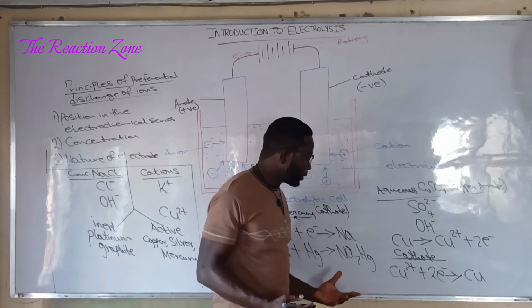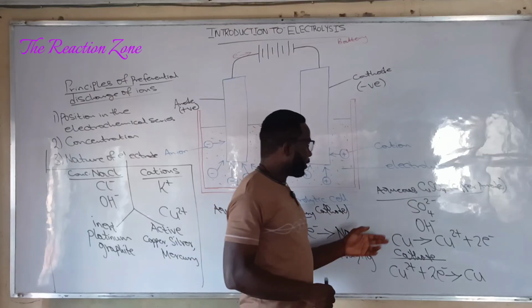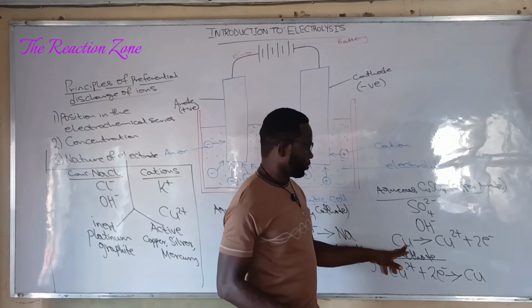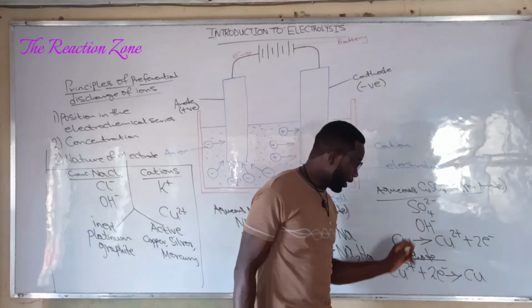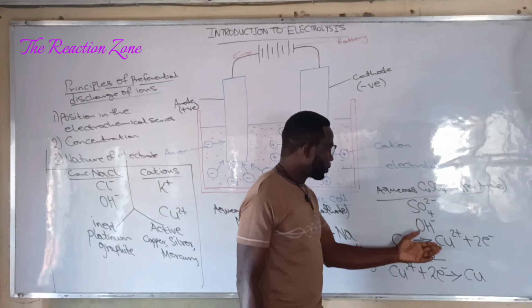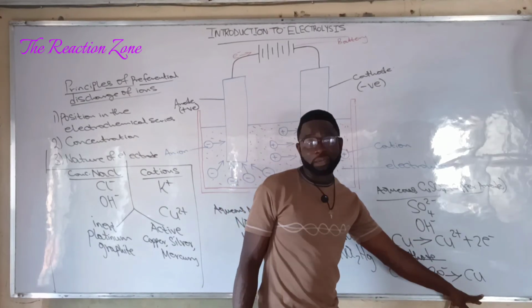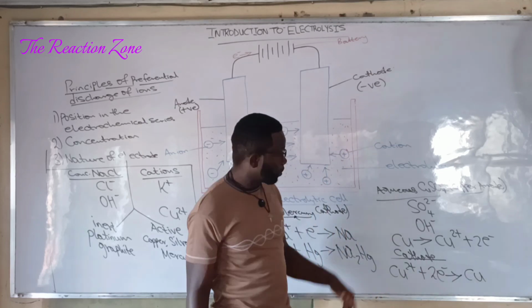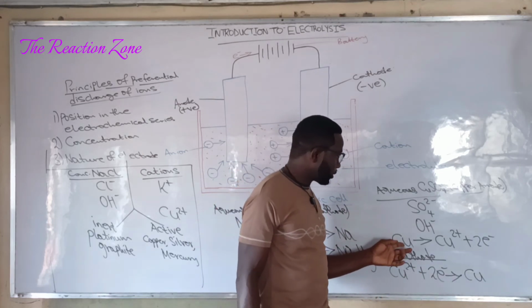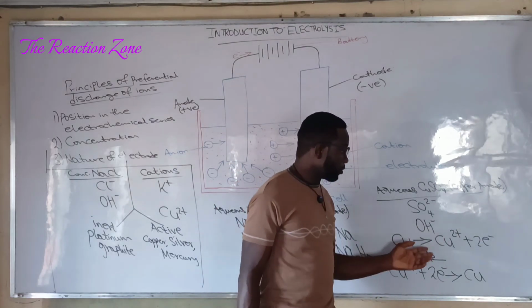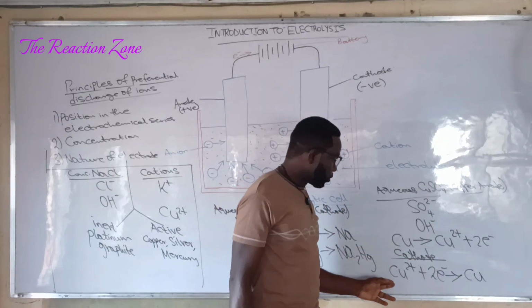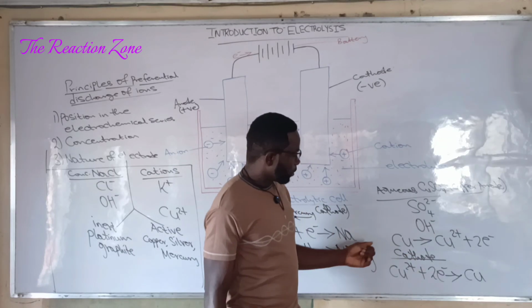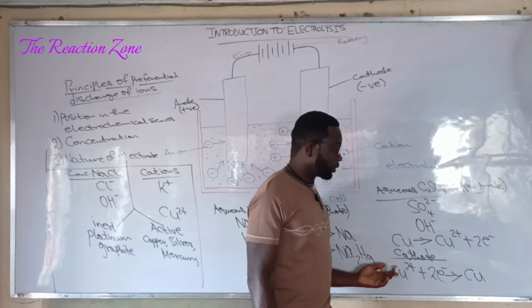And this happens by the ionization of the copper to Cu2+ in solution, and then the discharge of these copper 2 ions as copper at the cathode. So copper ionizes by losing 2 electrons and becomes copper 2 ions in the solution, and these copper 2 ions will migrate to the cathode, undergo reduction, and be deposited as what?